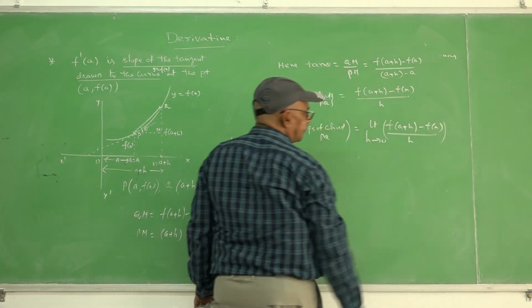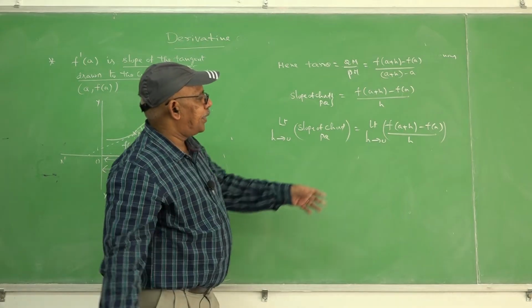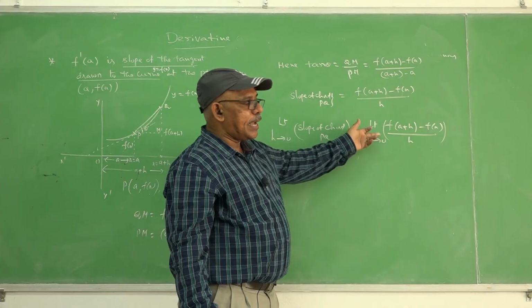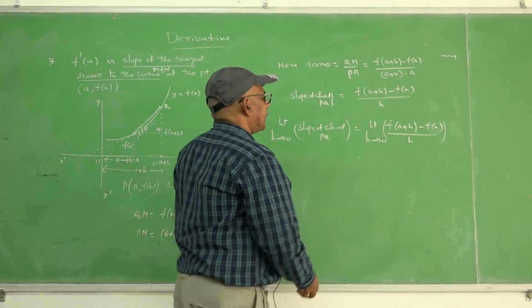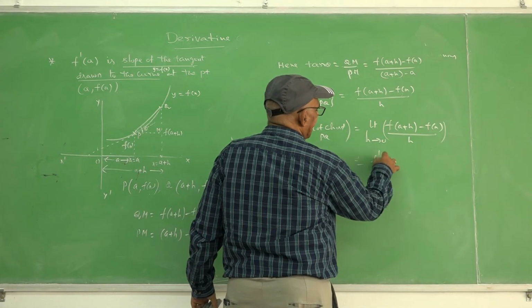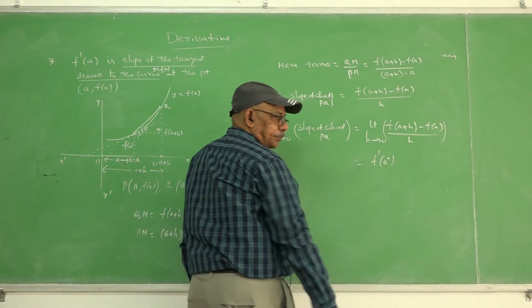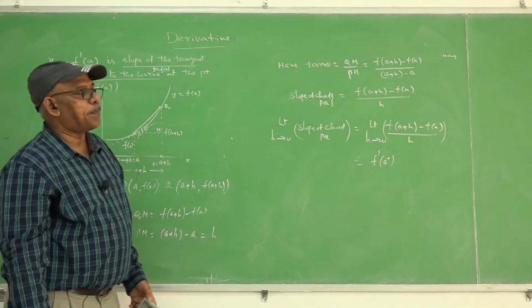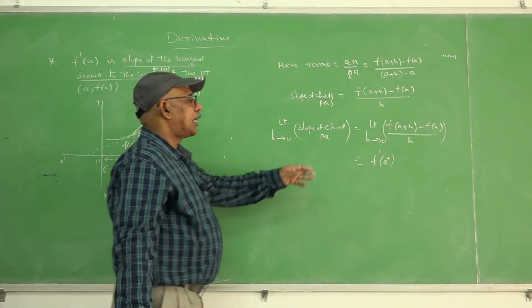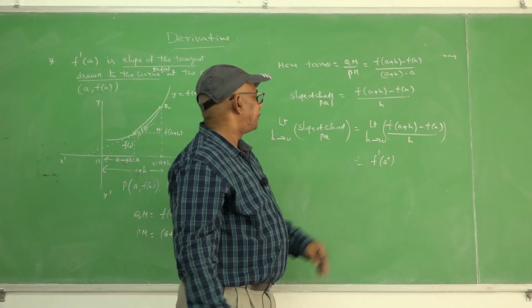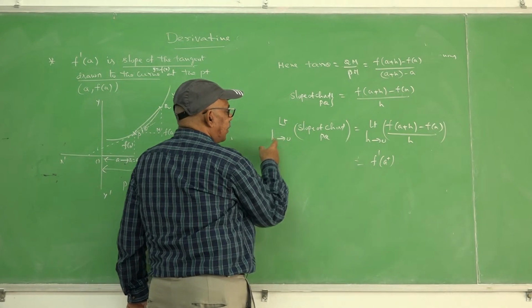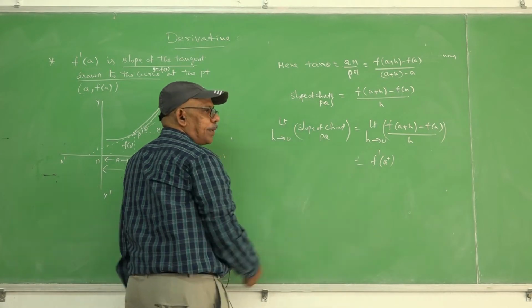But with the definition of the derivative, this is f dash a plus, the right derivative of the function, once that limit exists. That is the right derivative of the function at a. So, the right derivative at a is equal to the limit as h goes to 0 of the slope of the chord PQ.